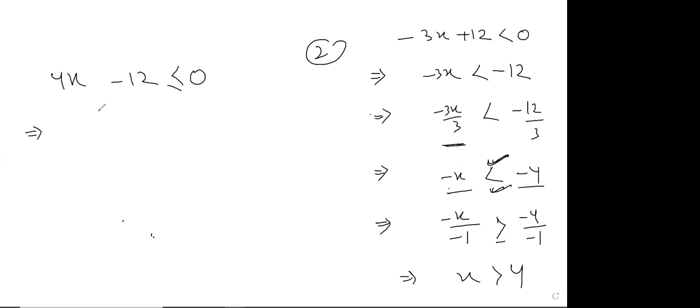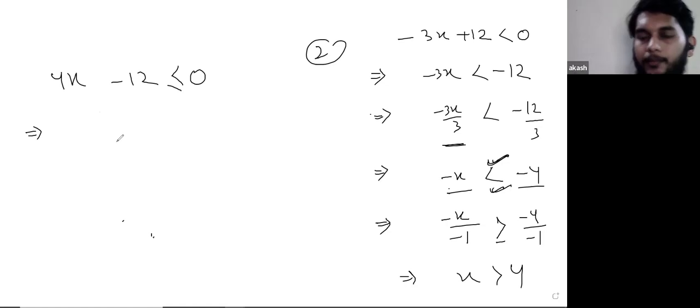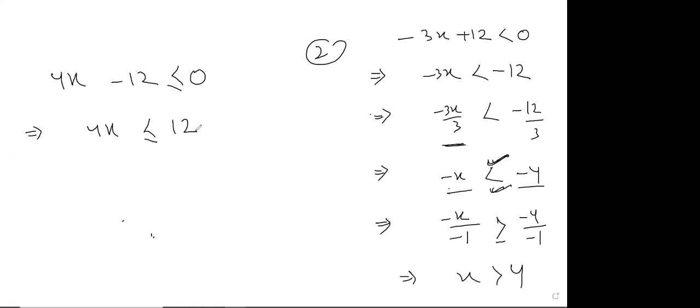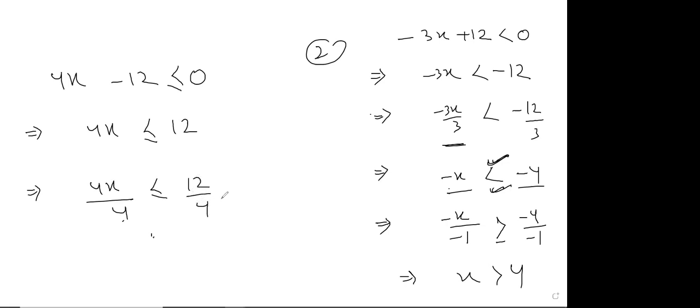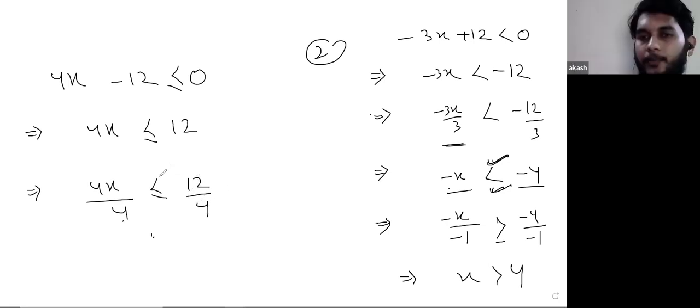Sorry, I'm not able to hear you. How did you solve this? 4x less than or equal to 12. Then 4x upon 4 less than or equal to 12 upon 4. So we will not be changing the sign here.